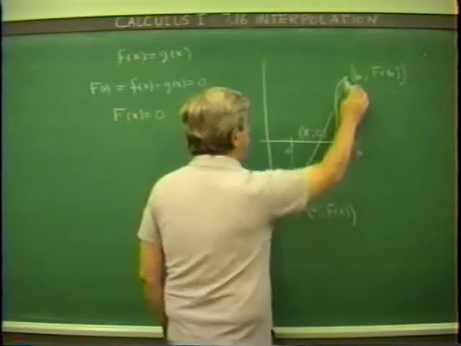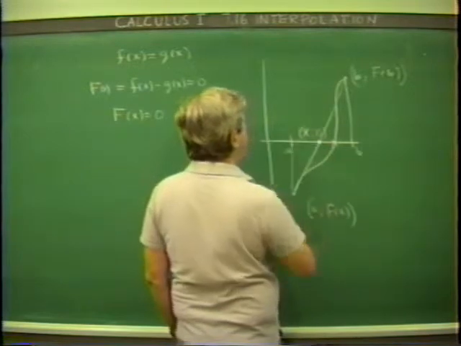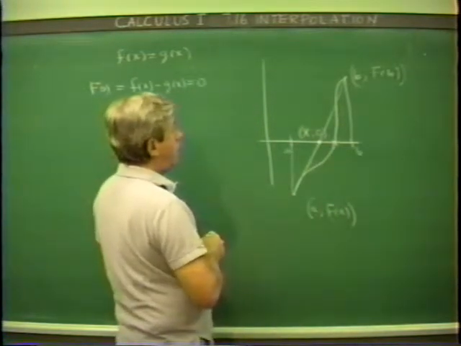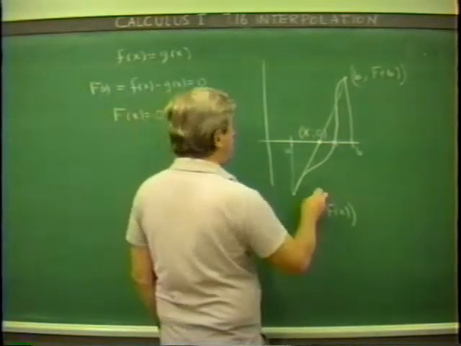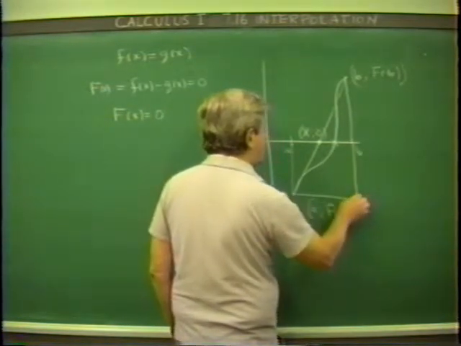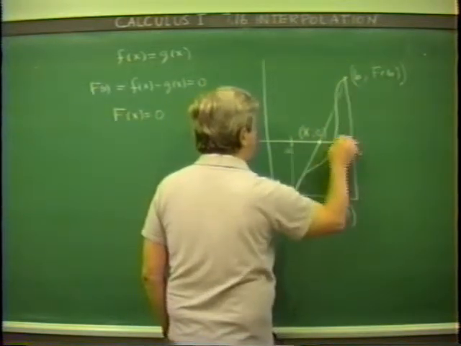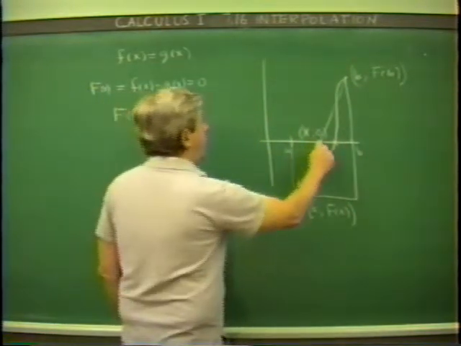Actually, what we want to do is look at the line connecting a, f of a to b, f of b. And the interpolated value here is going to be the point x0. What interpolation is based on is the fact that you've got similar triangles here.